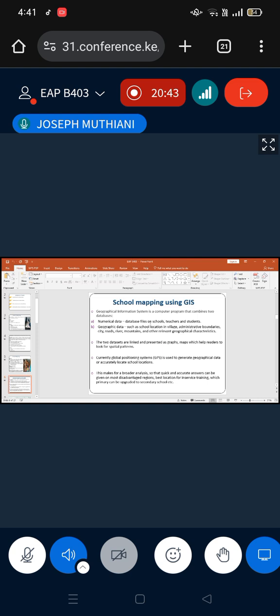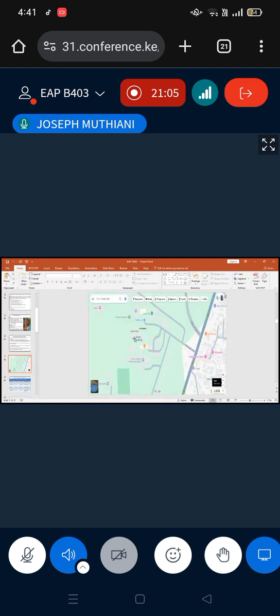So with these two kinds of data, nowadays we have moved from just the physical element to what we call the global positioning system, which generates geographical data to accurately locate schools. For example, I was trying to search the location of Pwani University on Google Maps, and this is the way it is giving me.